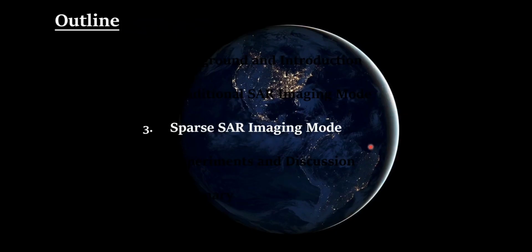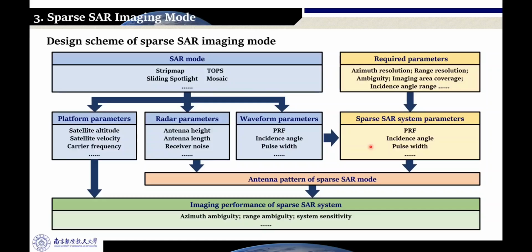Next, I will introduce the sparse SAR imaging mode that we have designed. This is the workflow for sparse SAR mode design. First, based on the SAR mode, determine the corresponding platform parameters, radar parameters, and waveform parameters according to the application requirements, such as the azimuth and range resolution, and ambiguity.